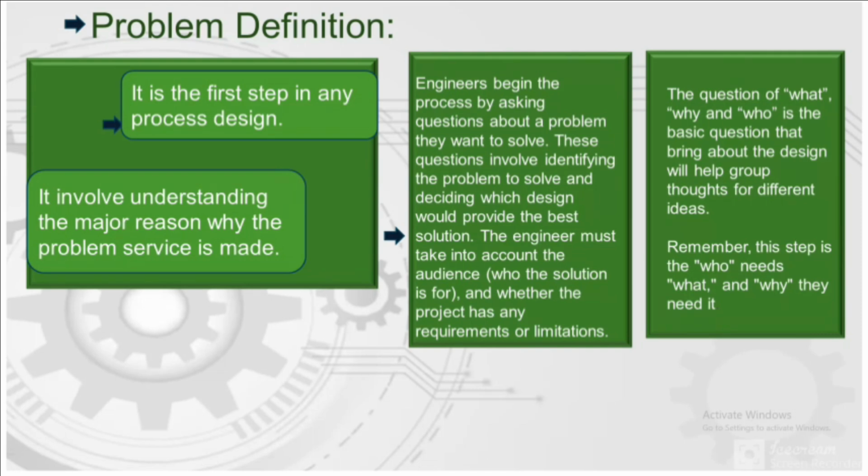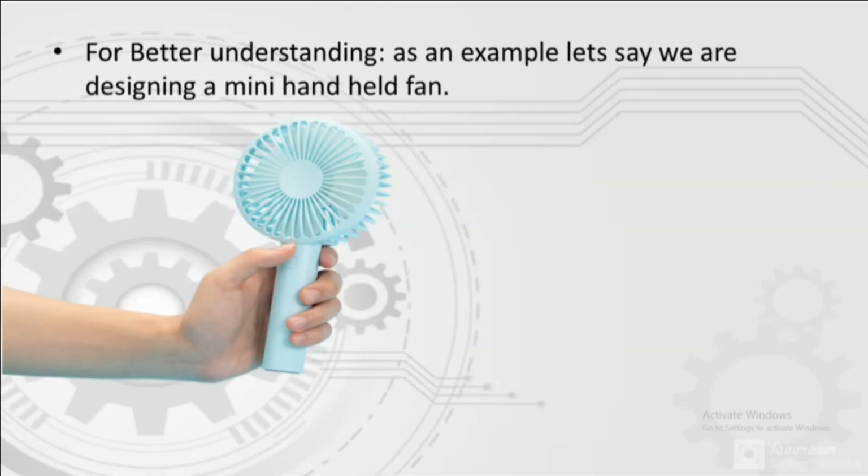The question of what is asking what the product is, the second is why are we creating the product or service, and the third is who is the target audience for this particular product. Some people call this empathizing, that is, we are thinking from the perspective of the final consumer of the problem. For example, assuming we are designing a mini hand fan, the what is: the product is a mini hand fan.